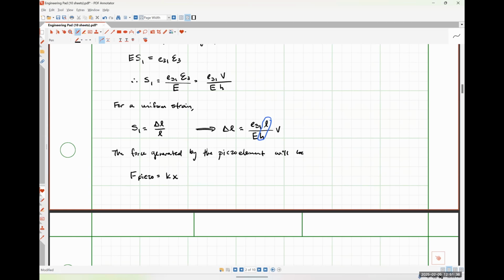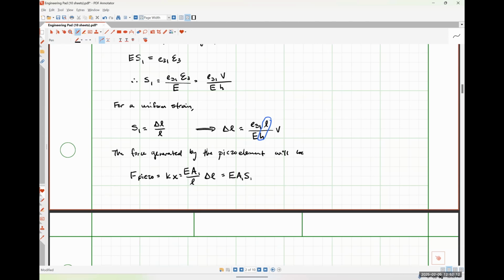So this is still just another material that is being extended, right? So we would have E times A1 over L. So that is our spring constant for stretching this material in the one direction, multiplied by our change in length, delta L. Well, delta L over L is just our uniform strain. So that is E A1 times S1.